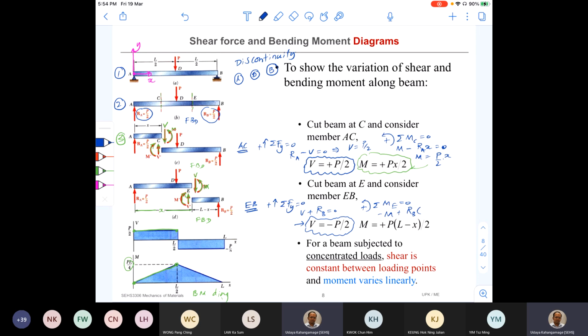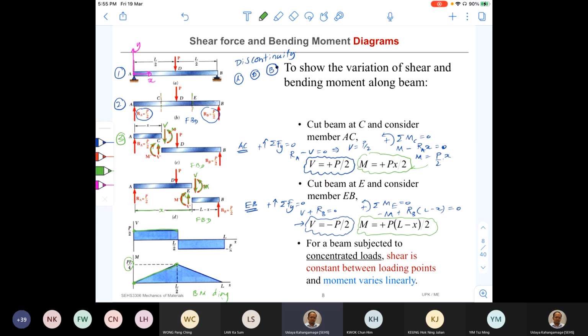What is the distance? L minus X. This should be equal to 0. You simplify this one, then you find that RB is equal to P by 2, M is equal to positive P times L minus X divided by 2.